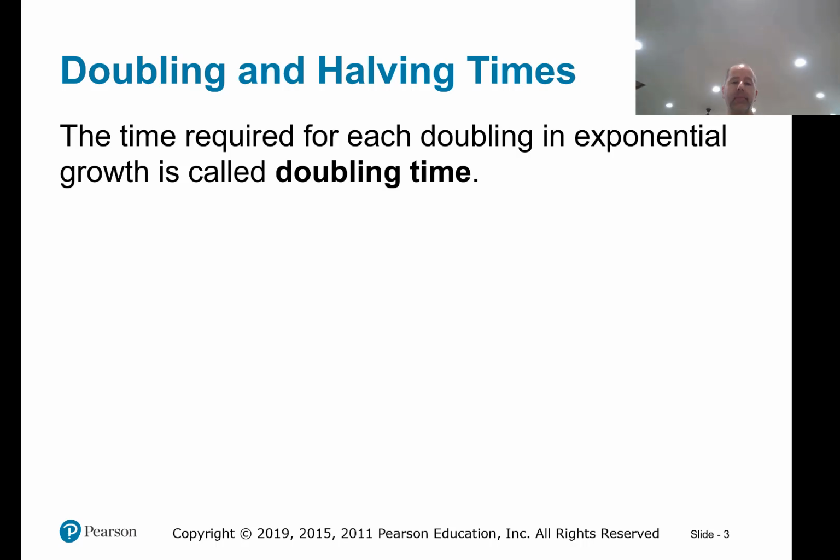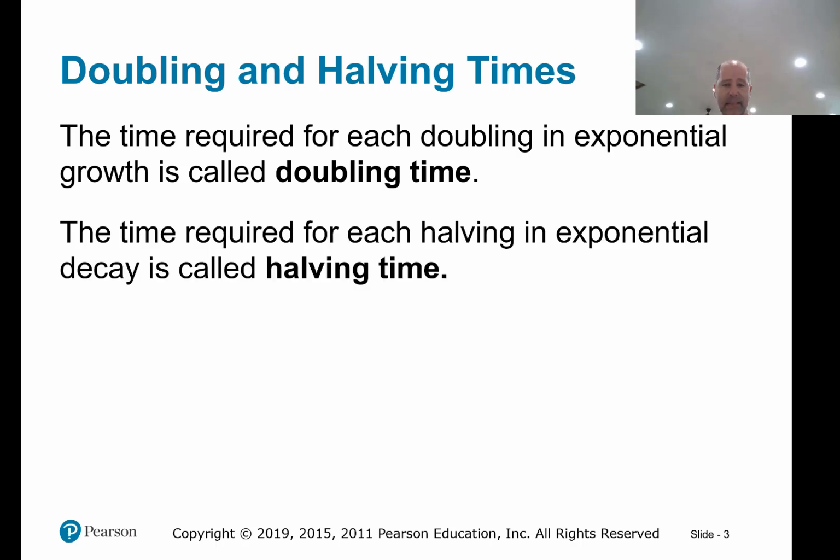Okay, so doubling time. Doubling time is the amount of time that it requires for an amount to double in exponential growth. Again, this pertains only to exponential growth when we talk about doubling time. And the halving time is the amount of time that's required to have half of what we started with.